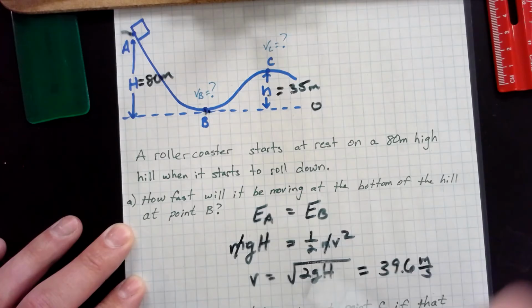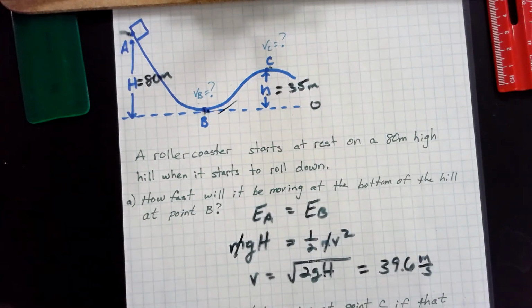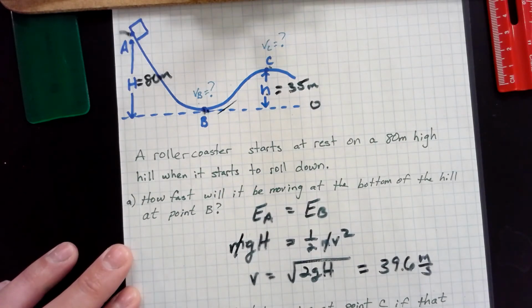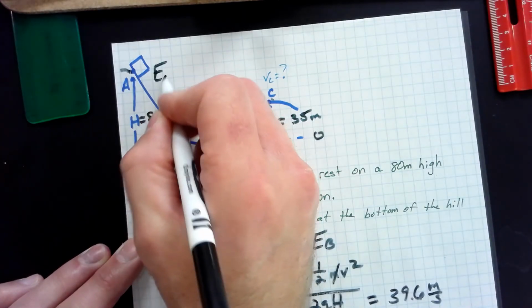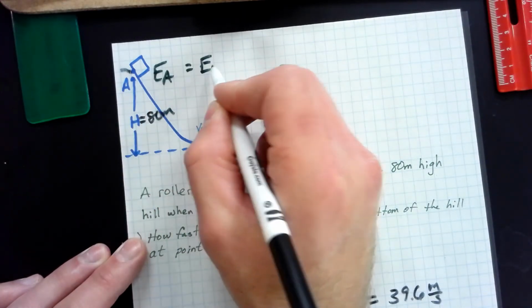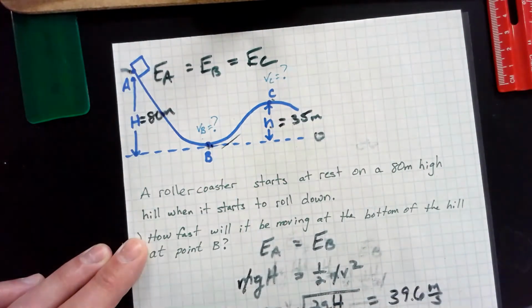Now, what we know is the speed at point C is going to be less than that. So if we get a number bigger than that, we know one of those two is wrong. What we do know here is that there's energy at A, and we set that equal to the energy at B. Well, they're also equal to the energy at C. The total is equal at every single location.